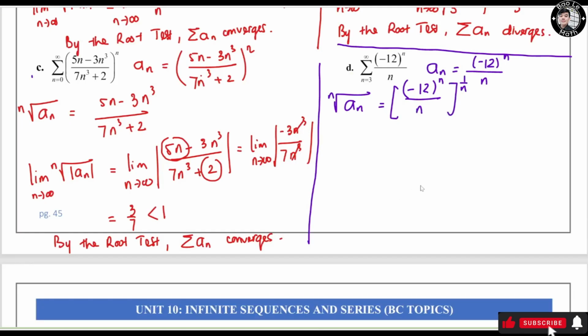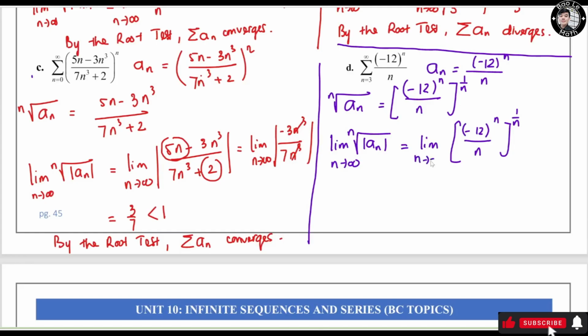So I'm going to take the limit of the nth root of the absolute value of a sub n as n approaches infinity, which equals the limit of negative 12 to the n over n raised to the 1 over n.